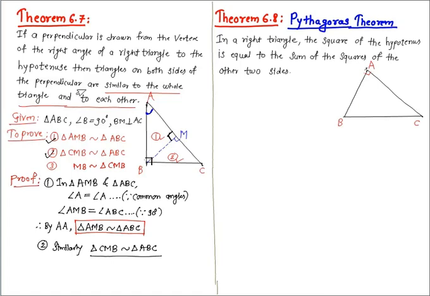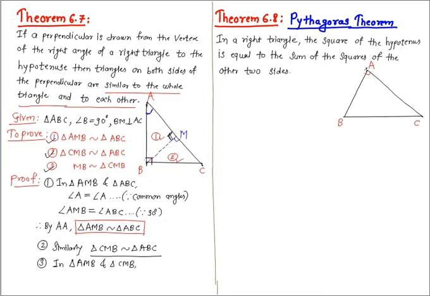Now let's see the third part. We have to prove triangle AMB is similar to triangle CMB. So write in triangle AMB and triangle CMB. Now just think how we can prove triangle AMB similar to triangle CMB.